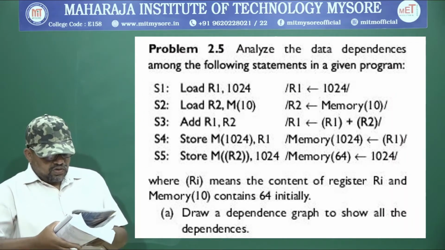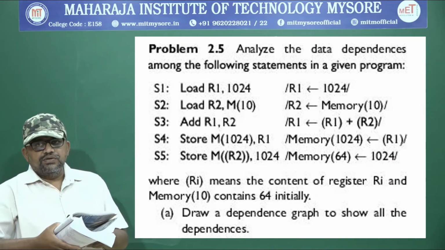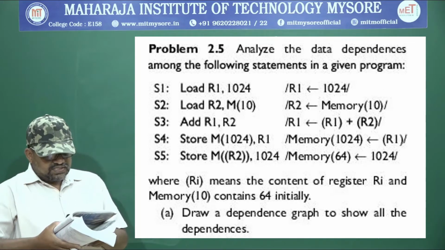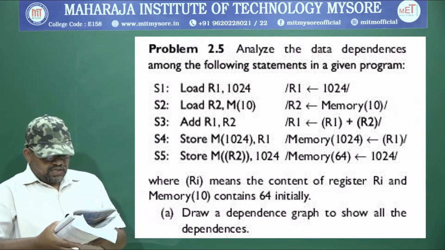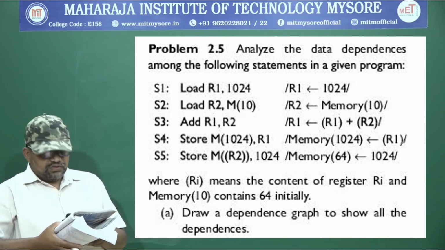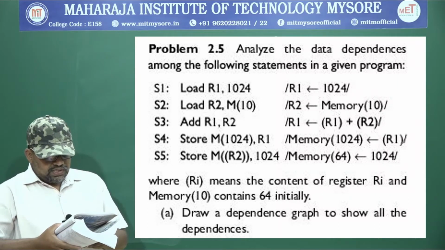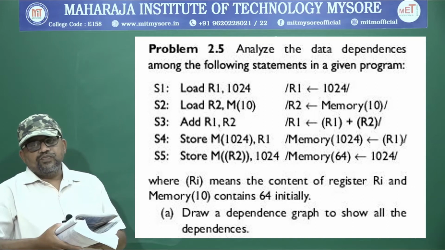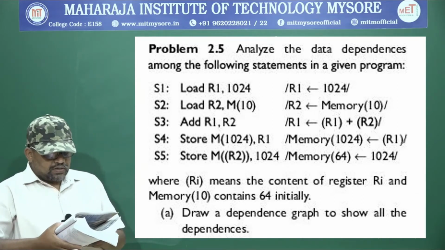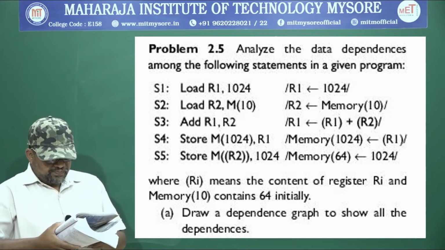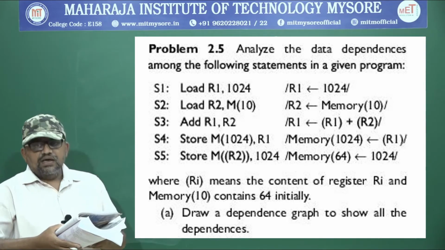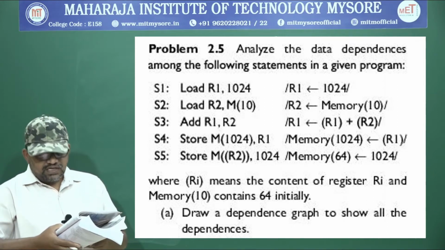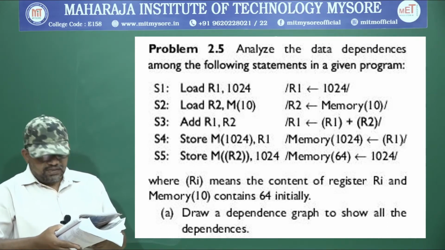S1 load R1, 1024; S2 load R2, M of 10; S3 add R1, R2; S4 store M of 1024, R1; S5 store M of R2, 1024, where Ri means the contents of register Ri and memory 10 contains 64 initially.